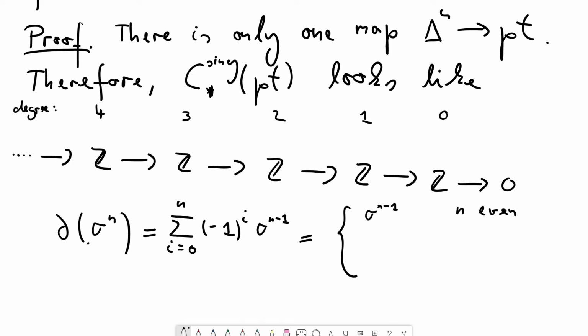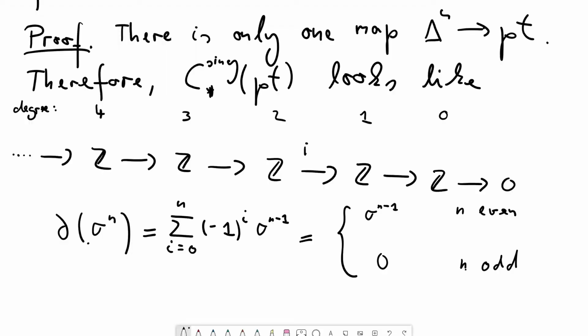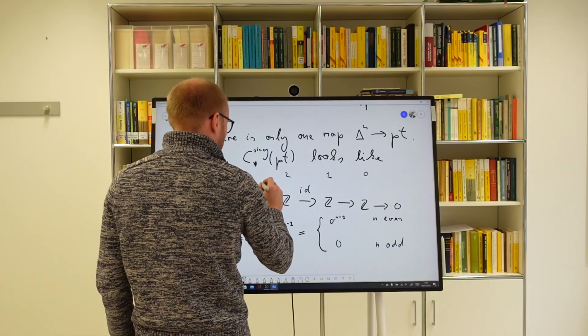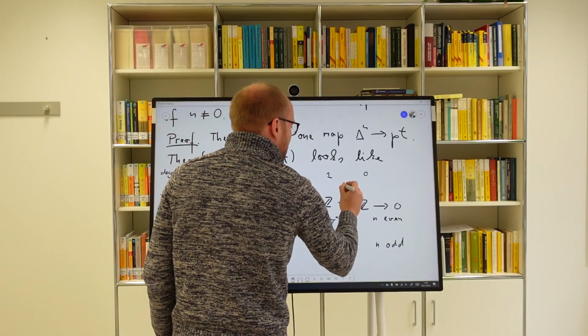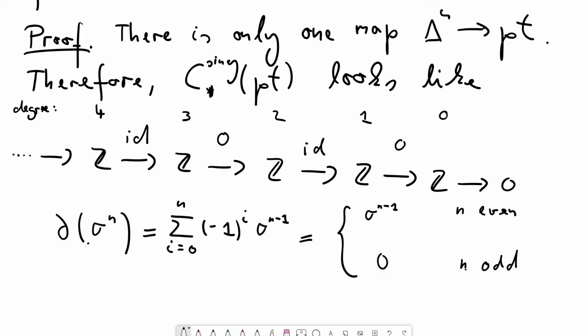In the other case, if n is odd, this is just 0. So at all even spots, this differential is the identity, and at all odd degrees, this differential is just the zero homomorphism. This one is the zero homomorphism anyway, because it ends up in 0.